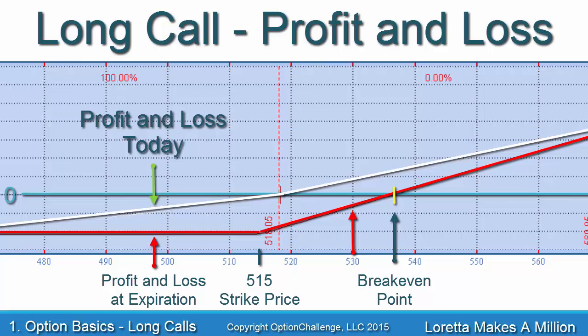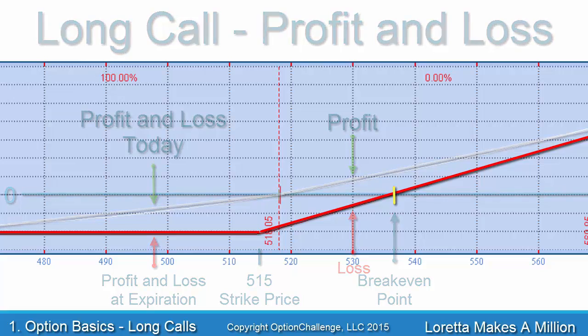For example, if Google had a big move up today to $530, you could sell this position today and make money. At expiration, you would lose money if Google was at $530. Remember, you can sell this position anytime before expiration.